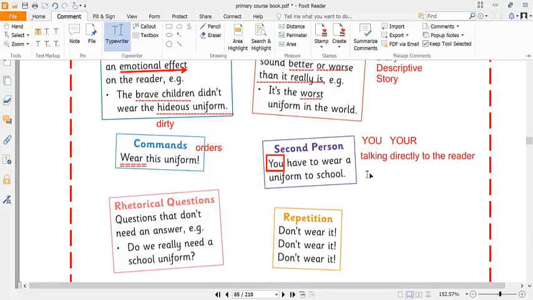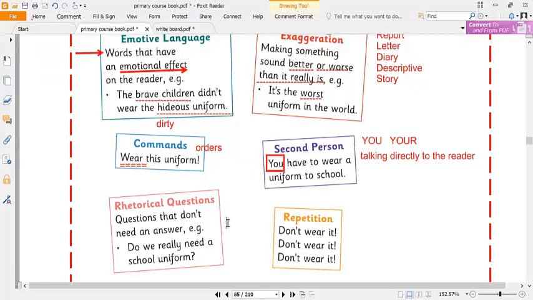Next one is rhetorical questions. It's a form of question that we don't need an answer to. We don't want the reader to answer it, because the answer is really known, logical. Do we really need a school uniform?